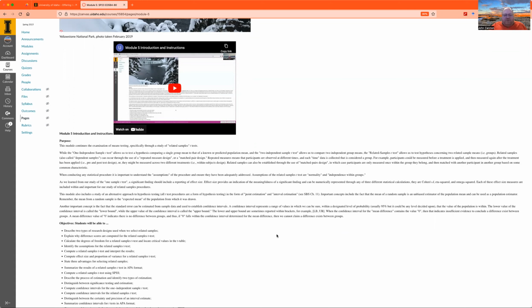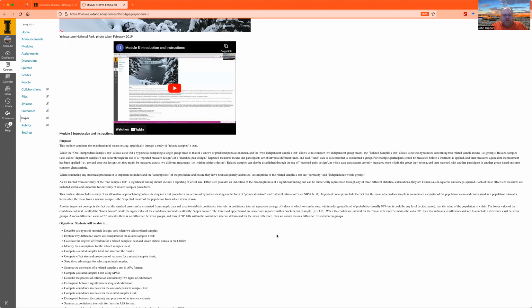Related samples, also called dependent samples, can occur through the use of repeated measure design or a matched pair design. Repeated measures means that participants are observed at different times, and each time data is collected that is considered a group. For example, participants could be measured before a treatment is applied and then measured again after the treatment has been applied, pre and post-test design.